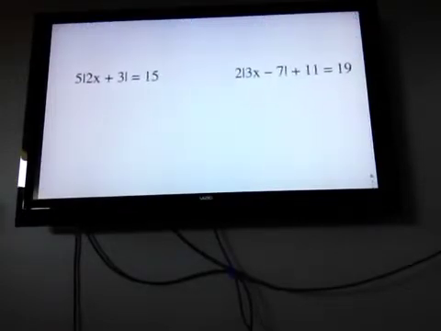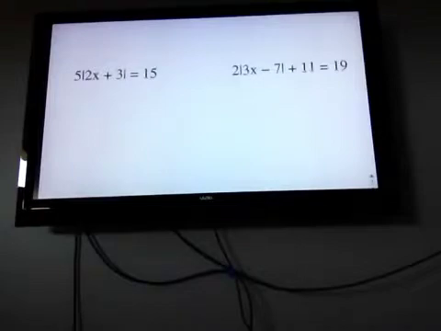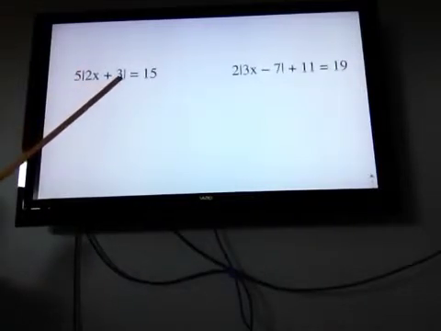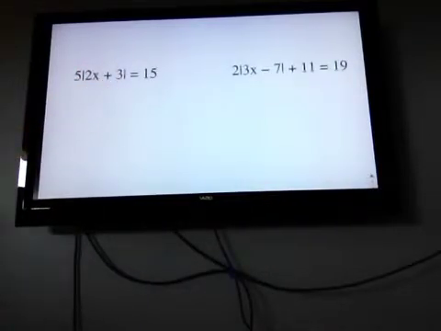Okay, this next one, it looks like 512. I think it's more clear on your OTL and on your assessments. I typed it with my math program instead of just my keyboard. This is 5 times the absolute value of 2x plus 3. It almost looks like 512x plus 31. So here, I'm going to have to divide by 5 first.